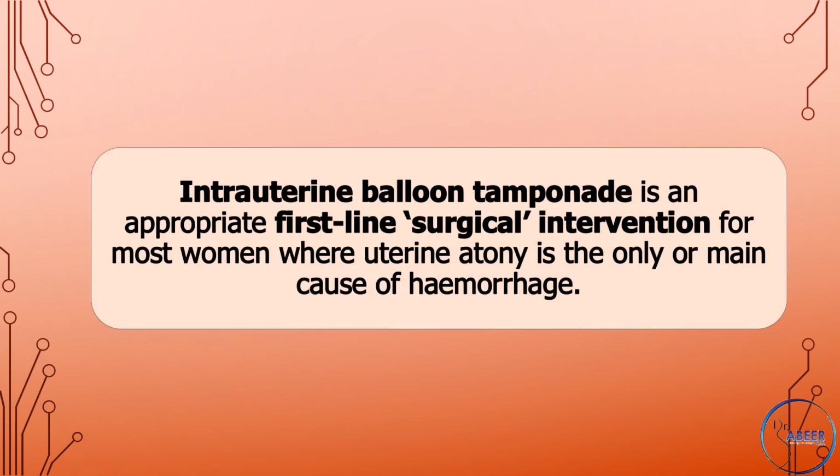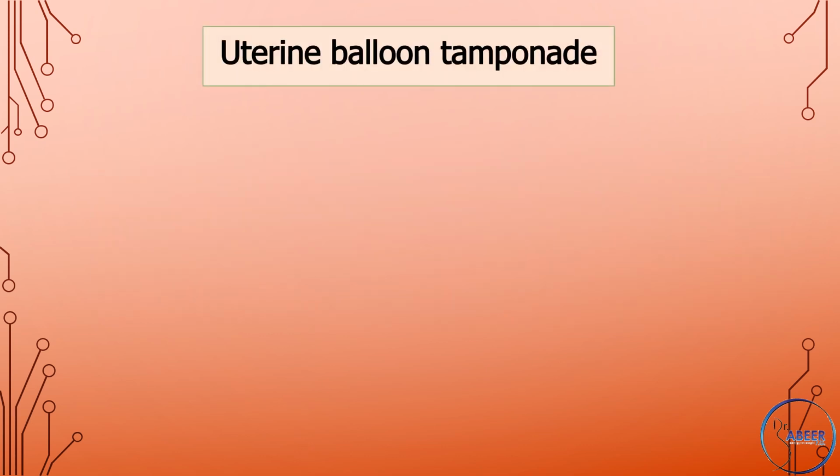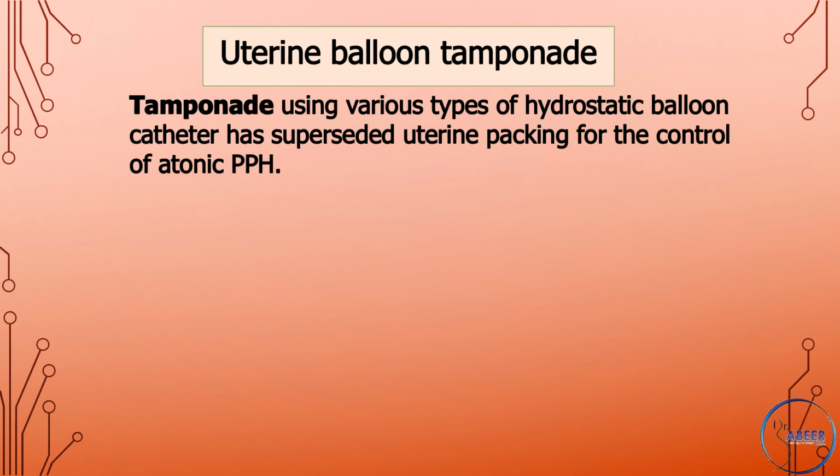Intrauterine balloon tamponade is an appropriate first-line surgical intervention for most women where uterine atony is the only or main cause of hemorrhage. Uterine balloon tamponade. Tamponade using various types of hydrostatic balloon catheter has superseded uterine packing for the control of atonic postpartum hemorrhage.